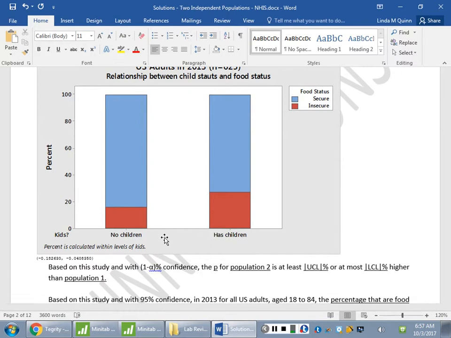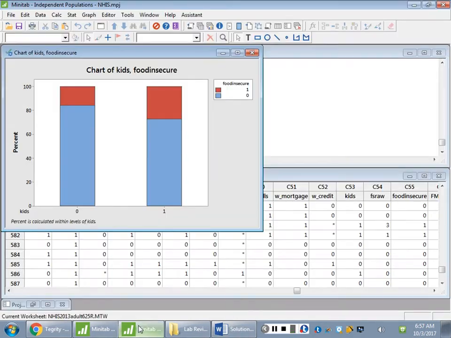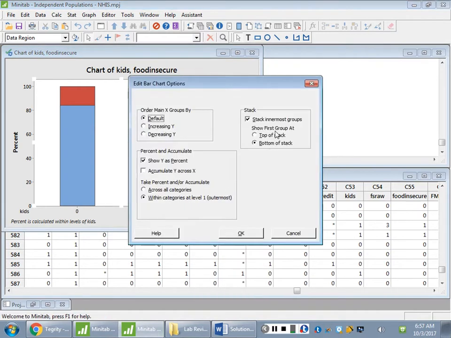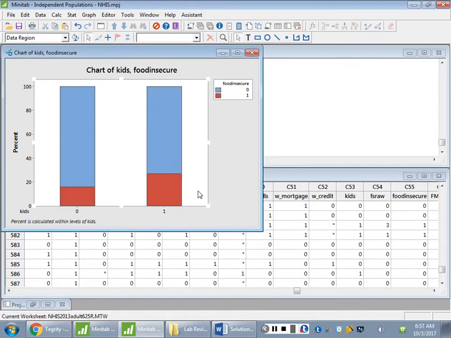Okay? And so once again, that's that idea of being able to pull that together. The only thing I did in my graph, since you see that I have the percentages at the bottom, if you're so interested, is go to the right mouse click and do graph options, where you can say that you want the first group at the top of the stack, and it just switches it around for you.